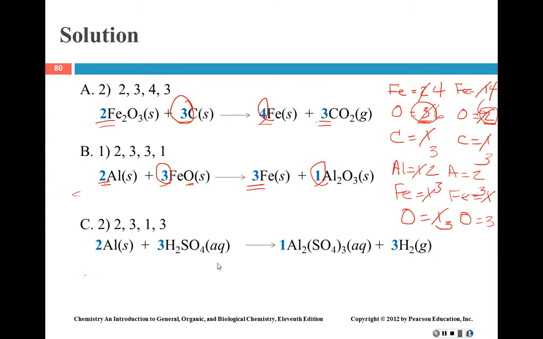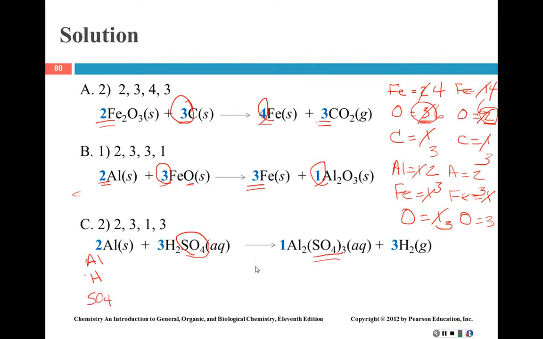Alright, the last one is aluminum, hydrogen, and this is sulfate. If you're wondering, a lot of times you can look over at the products or whatever, and if you see it in parentheses, it will remind you that that is a polyatomic. And so on this side we've got aluminum, hydrogen, and SO4.